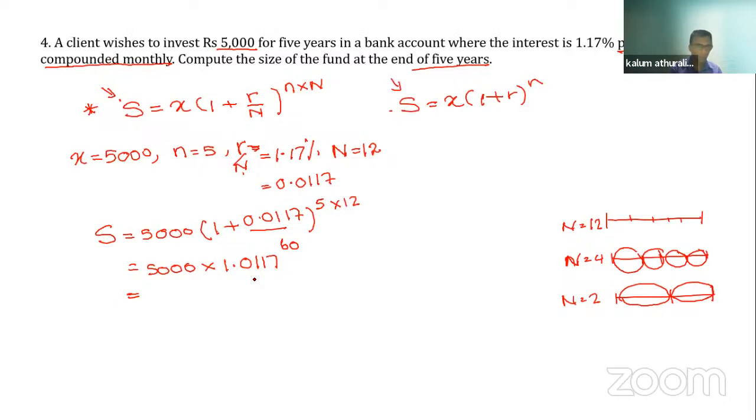5,000 times 1.0117 to the power 60. Then 10,047.89.